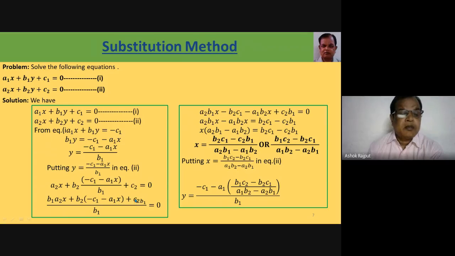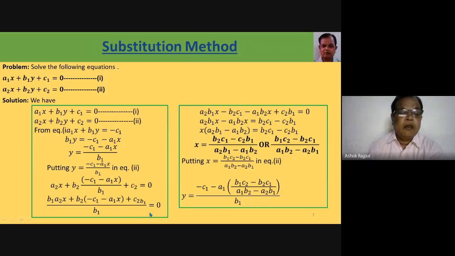After simplifying we will get b1 a2 x plus b2 in the bracket minus c1 minus a1x, plus c2 b1, then whole by b1 equal to 0. When we multiply b1 to 0, it will be 0.